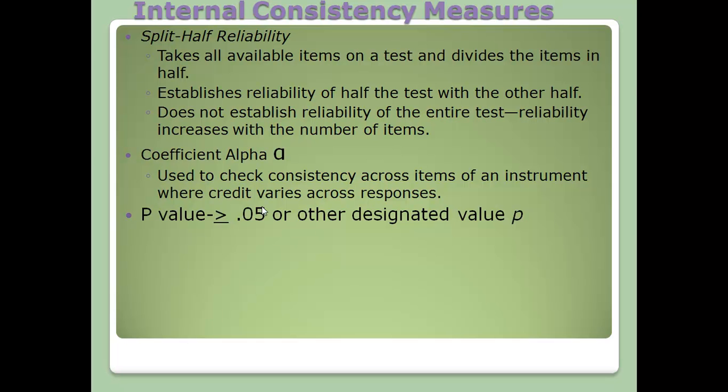You can split it right straight down the middle and take the top half and the bottom half, except the problem with that is often the top half of the questions are different than the bottom half, and so you have to make sure that they all load into the right places in the right ways, and so that can be a little bit difficult.